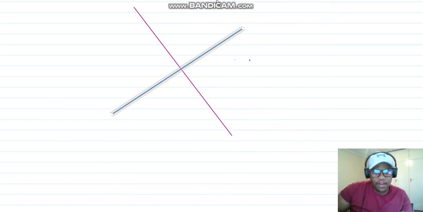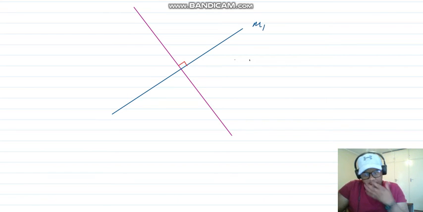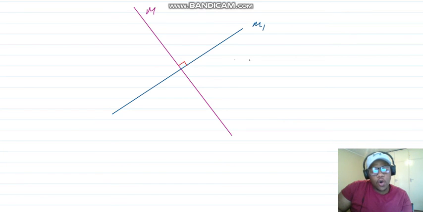So you have that line, and let's pick another line, and you have that other line over there, right? These lines happen to meet at 90 degrees. What we say is that this would have its own gradient, the rise over the run, and this would also have its own gradient.